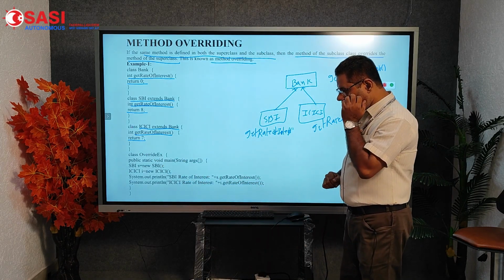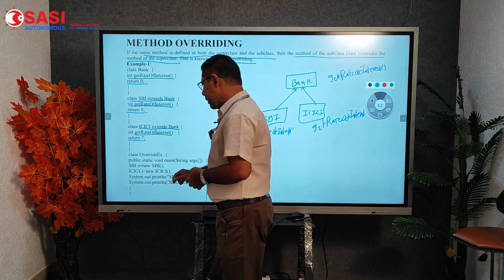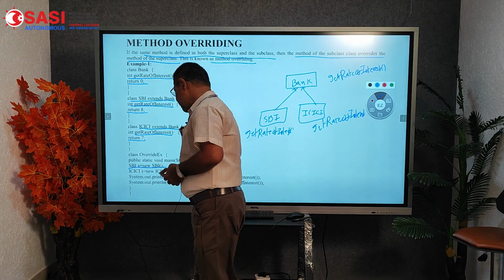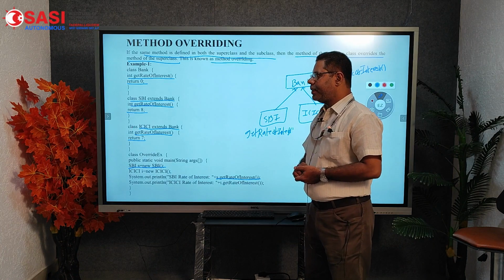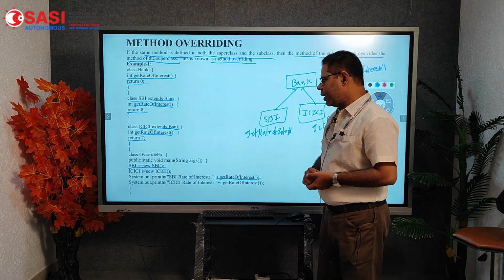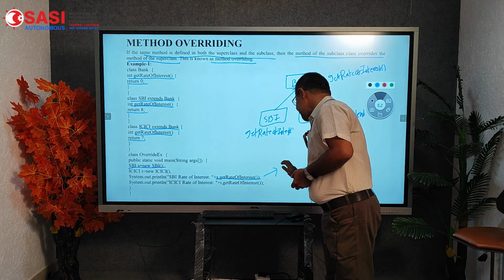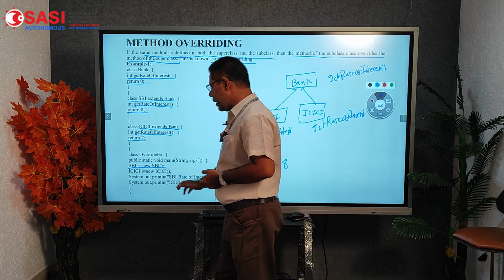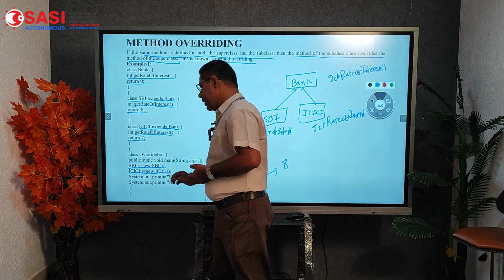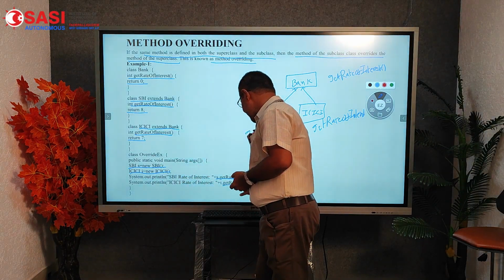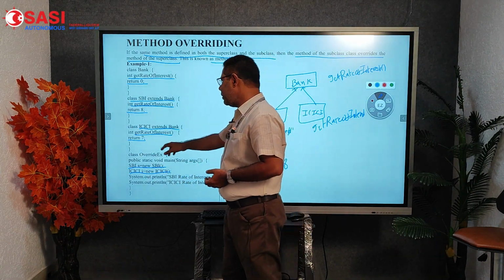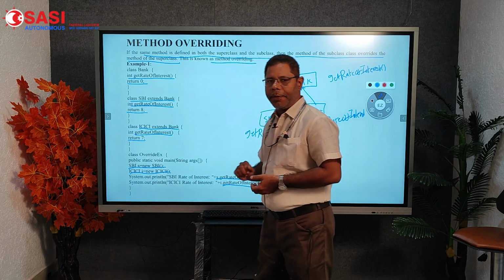When we create the object for the SBI class, it will access getRateOfInterest of the SBI class. The output is 8. Similarly, we create the object for ICICI. Using the ICICI object we access getRateOfInterest, which means it will call the ICICI class getRateOfInterest.